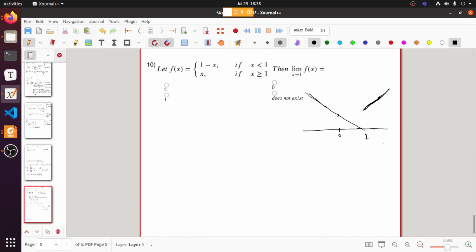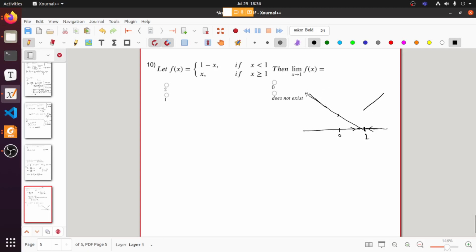Now you have to find the limit as x tends to 1 of this. You have to come from the right and also from the left, to see if it gives the same value. If it gives the same value as x tends to 1 plus and 1 minus, then we can say the limit exists, otherwise the limit does not exist.